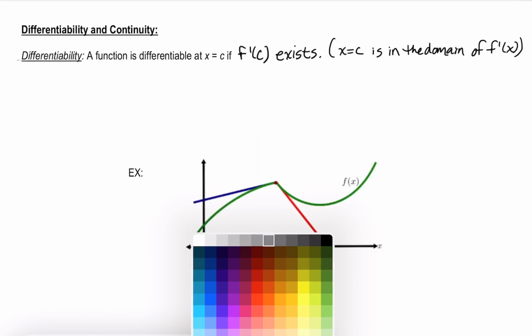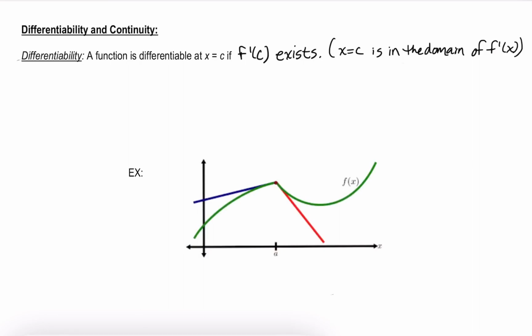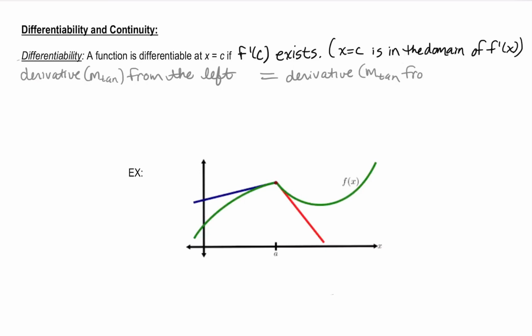In order for the derivative to exist, because the derivative is a limit definition, we need the derivative, or the slope of the tangent line, from the left to equal the derivative, or the slope of the tangent line, from the right.